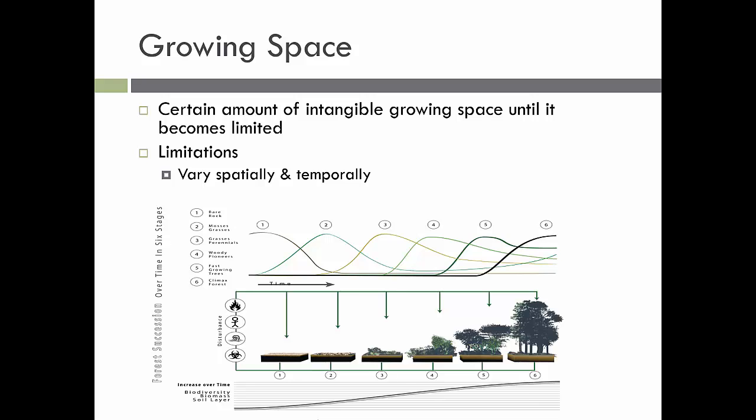Was it a harvest? Was it a fire? Was it a flood? Those are all going to influence what's available. Depending on who gets the site, they're using growing space, using what's there and influencing the site.